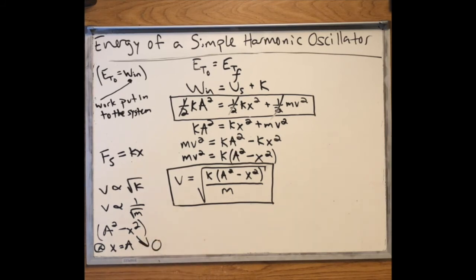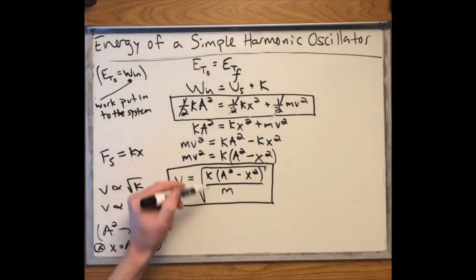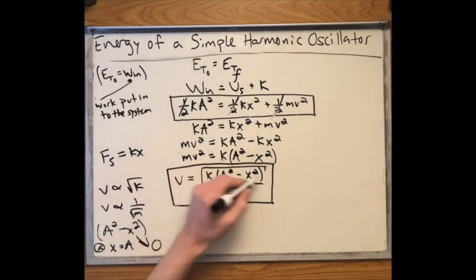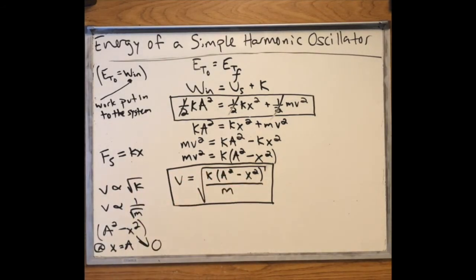What it also shows us, I think, which is super important, is when x is 0, you have a squared minus 0, meaning the biggest that this term in parentheses can possibly be is when x equals 0. And what that tells us is when the object is at its equilibrium position, that's when it's moving fastest.